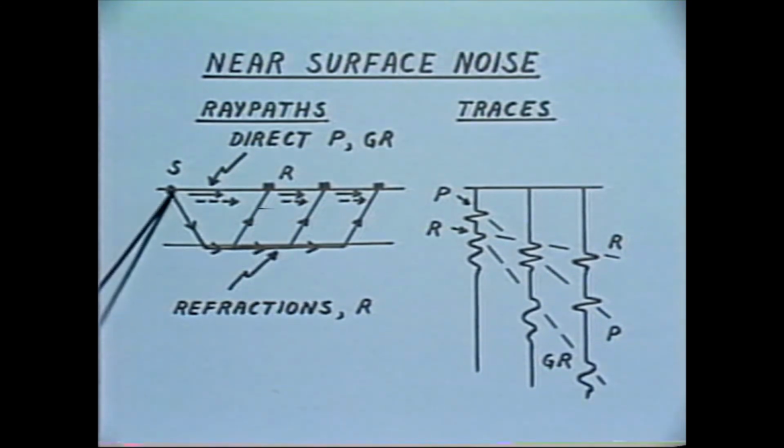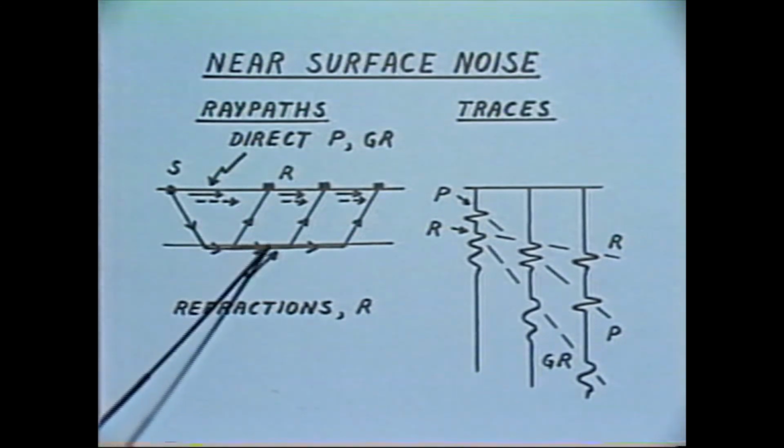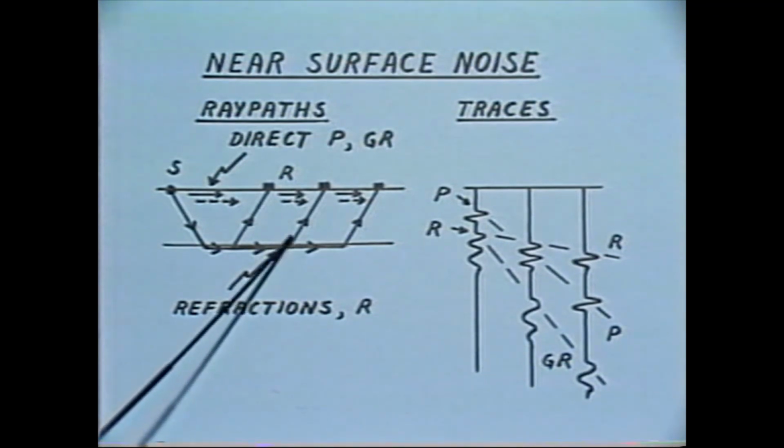So energy travels down to a higher velocity layer and then is refracted back up into the surface layer and picked up by the receivers.